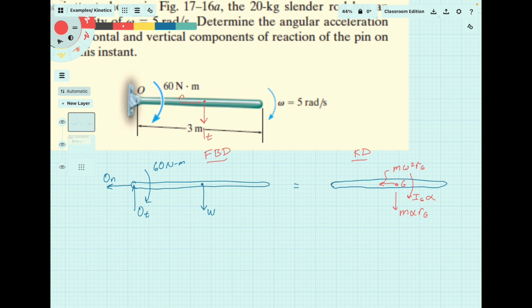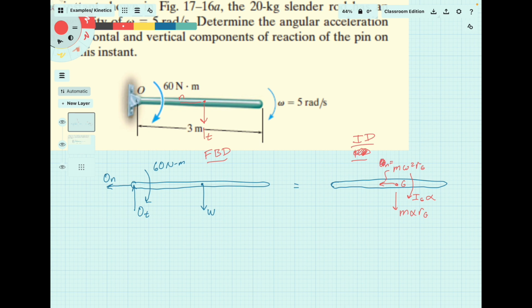So in terms of our kinetic diagram, what that implies is that the normal acceleration is m omega squared r, or I guess I could call this the inertial diagram. Let's go ahead and put the mass terms in there.